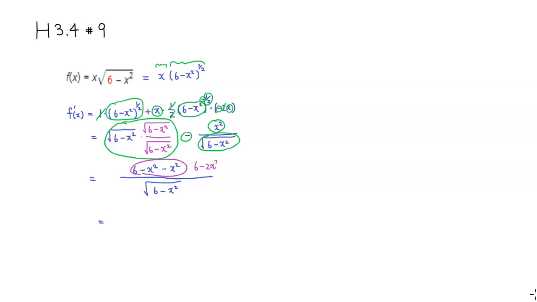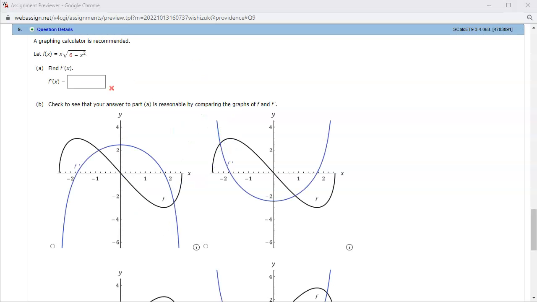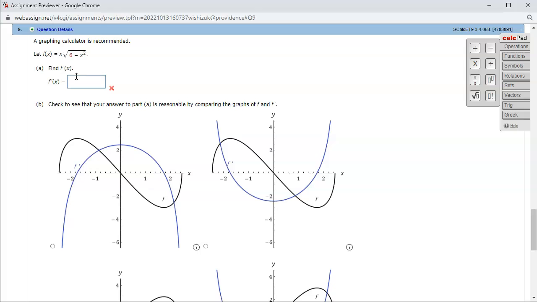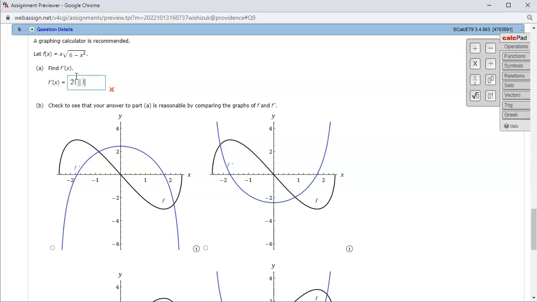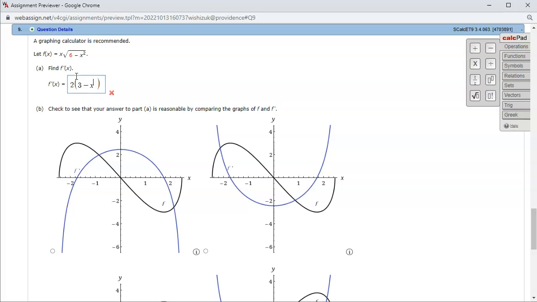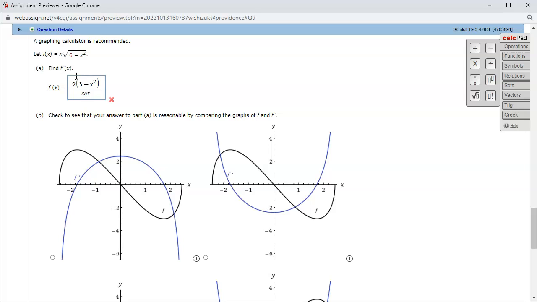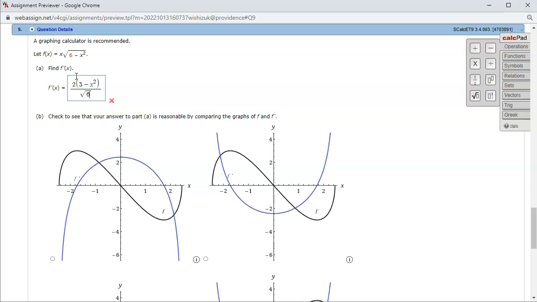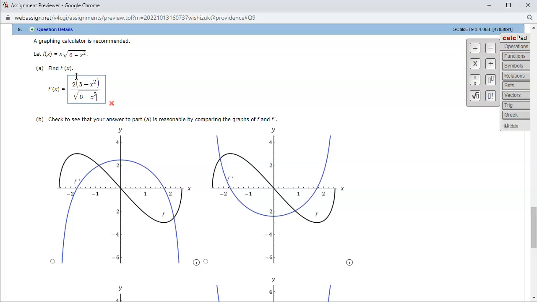So this is going to be 2 times 3 minus x squared over the square root of 6 minus x squared. So let's type it in. What we found was 2 times 3 minus x squared, divided by the square root of 6 minus x squared. So we got that.